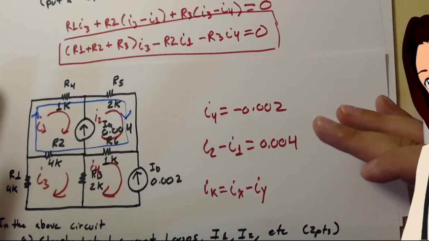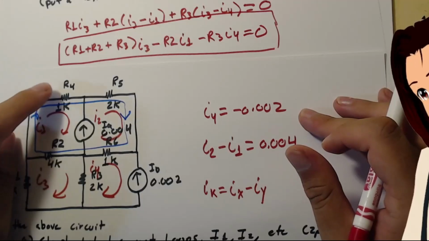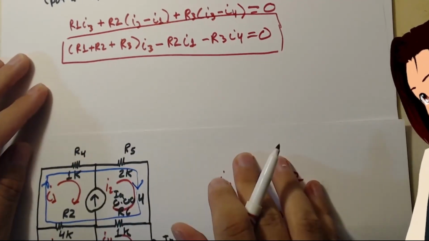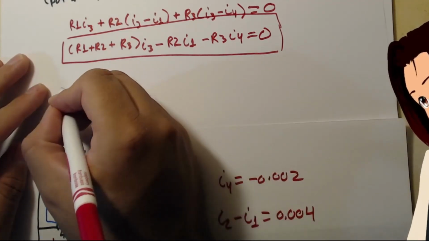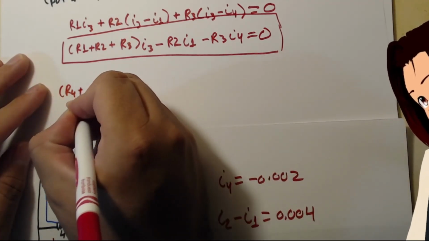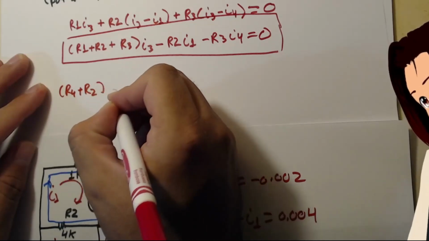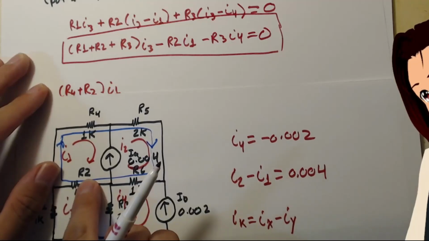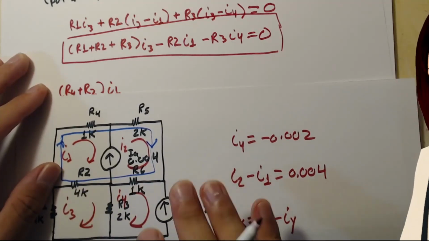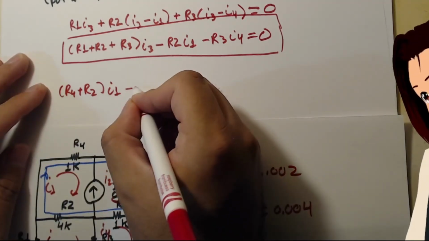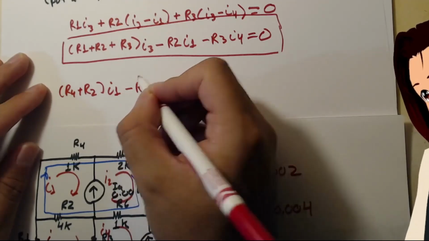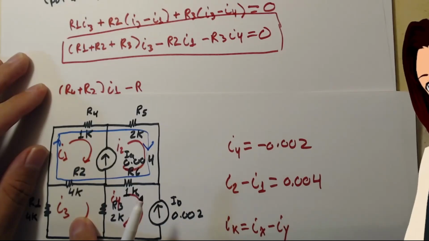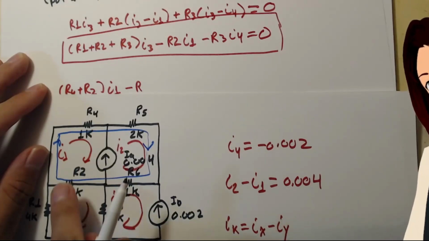so if I write from inspection, I4 and R2, and let me just write that. From inspection, I can write R4 plus R2 times I1, because it's in that loop, and R2 is shared with mesh 3, so I have to subtract I3 times R2.